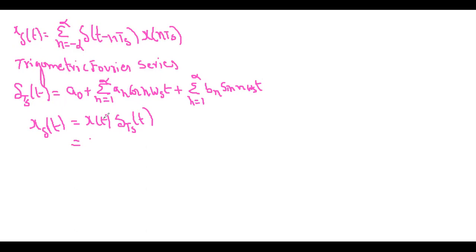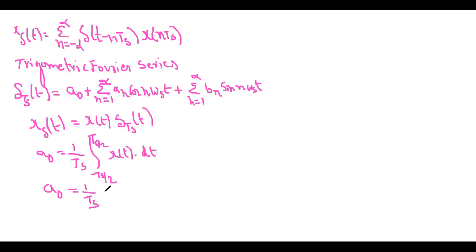What is the value of x delta Ts of t? By using the formula, what is a naught? a naught is equal to 1 by Ts times the integral from minus Ts by 2 to Ts by 2 of the function x of t dt. Here x of t is the delta function only, so a naught is equal to 1 by Ts, at t equal to 0.